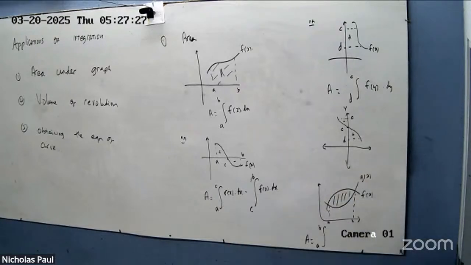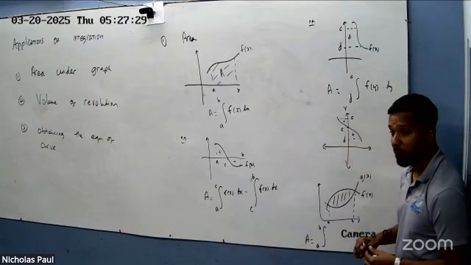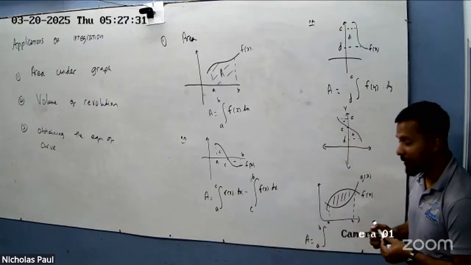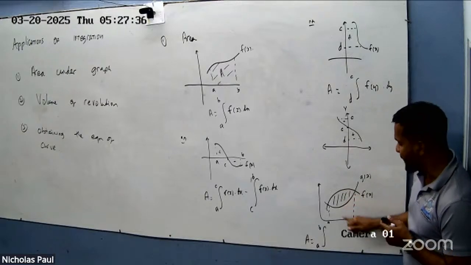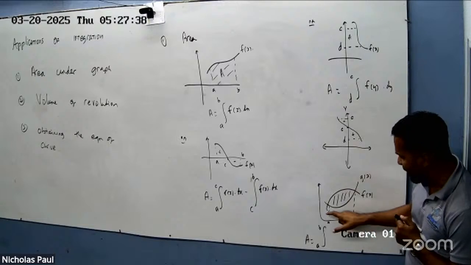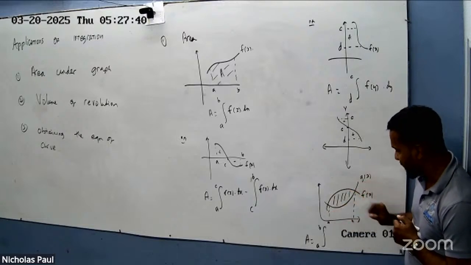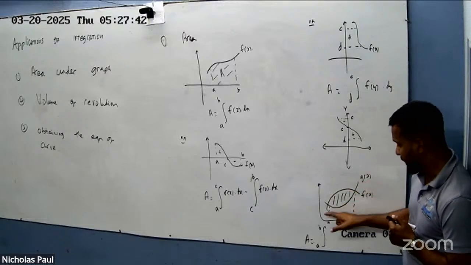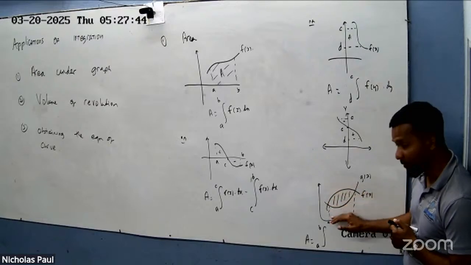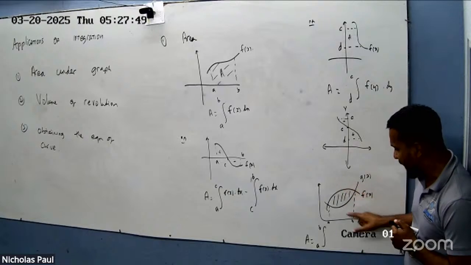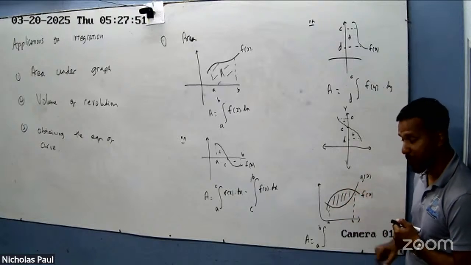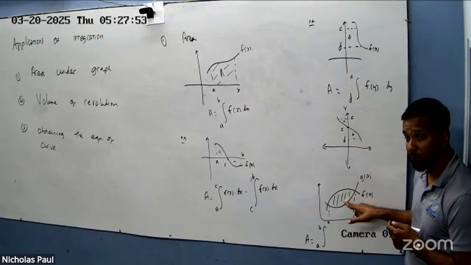Now, there's an easier way than doing it individually. Which one will produce a larger area, f of x or g of x? f of x. So suppose I found the area of f of x and the area of g of x and minus them, that will get the area here.